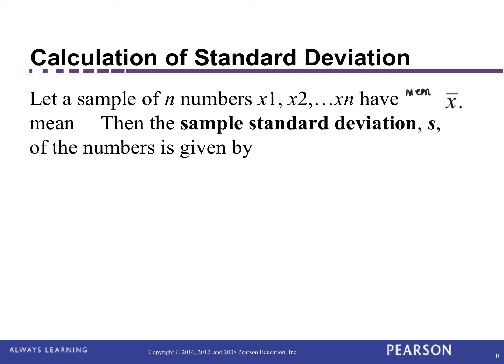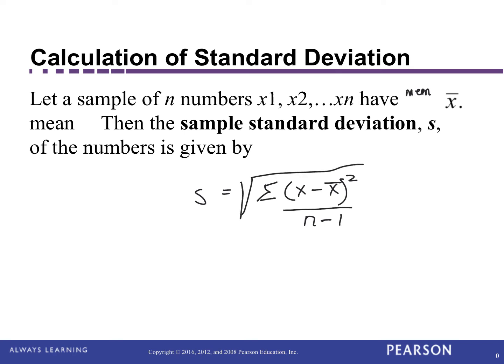Then the sample standard deviation S of the numbers is given by, all right, so we're going to subtract the number from the mean, but then we're going to square it, and we're going to sum up those values and divide by n minus 1 since it's a sample. Okay, so that's the variance, and then the standard deviation is to square root that.